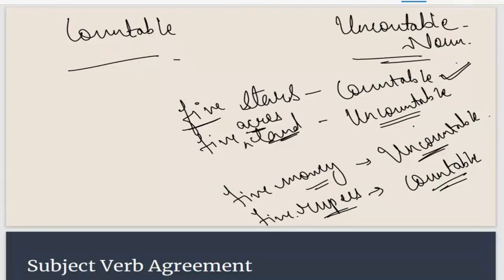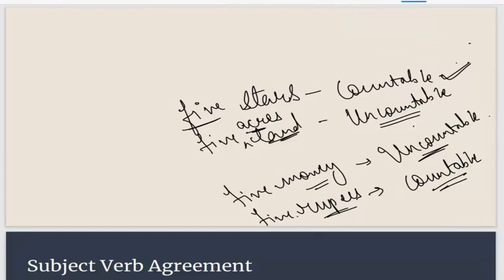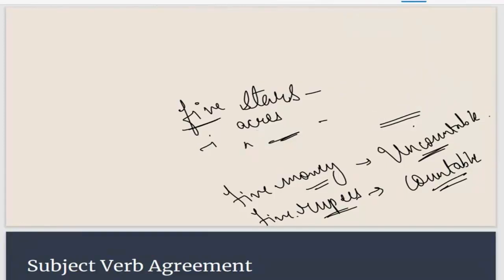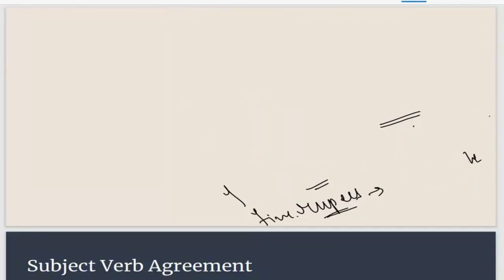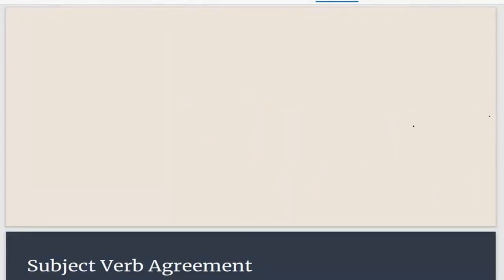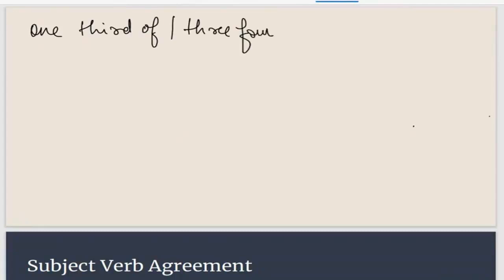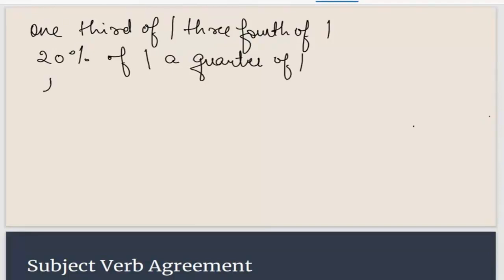Very good. Now, the rule which we are going to discuss right now is very relevant to countable and uncountable nouns. There are certain words like 1/3 of, 3/4 of, 20% of, a quarter of, half of, enough of.